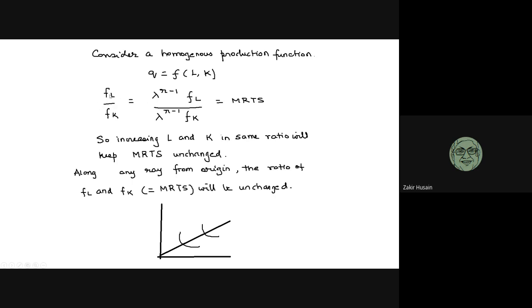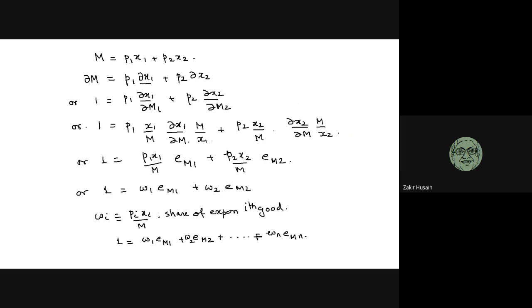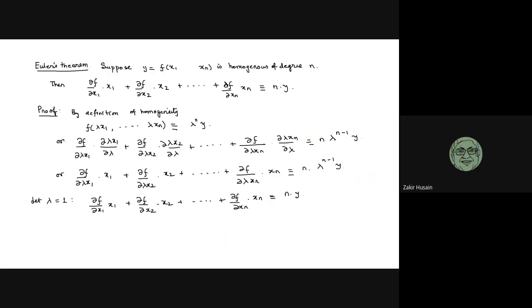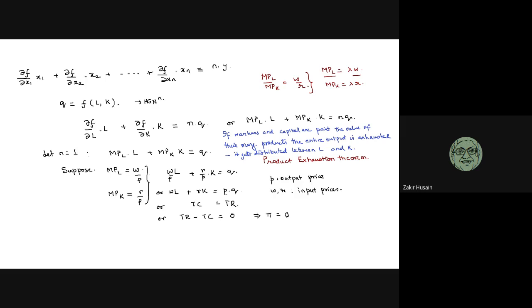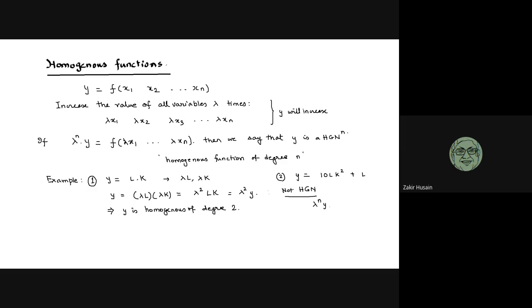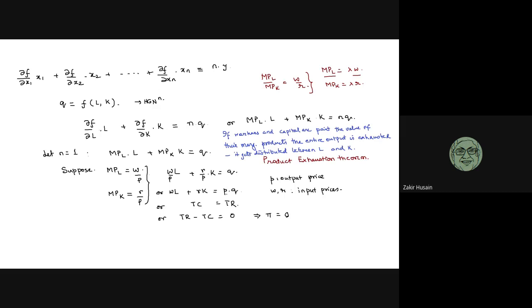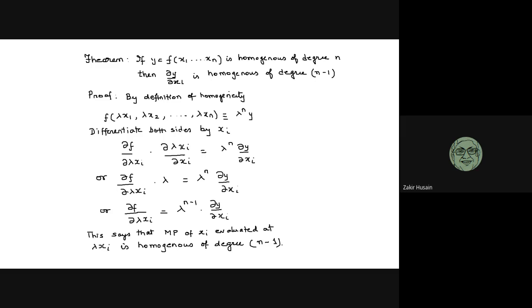Now, we know from one of the theorems before that if you have a homogeneous function of degree n, then the marginal products will also be homogeneous.